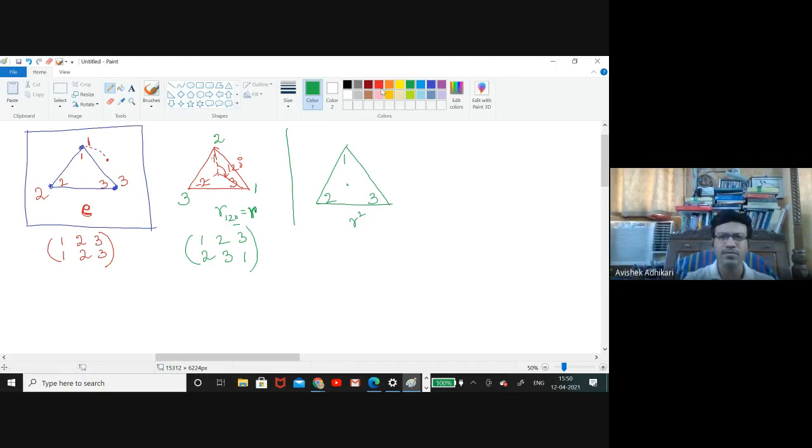So after doing that, what will happen? After one rotation, one will come here, then here. So one will come here, 3 will come here, and then 2 will come here. In terms of this notation, it becomes 1 goes to 3, 2 goes to 1, and 3 goes to 2.